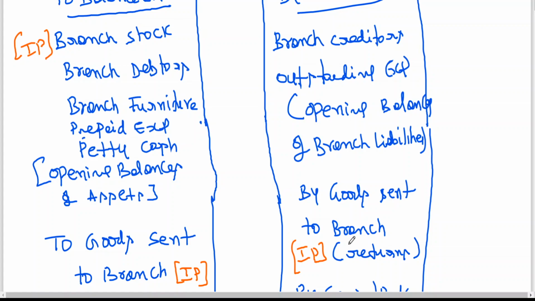The following adjustment entries are to be passed.